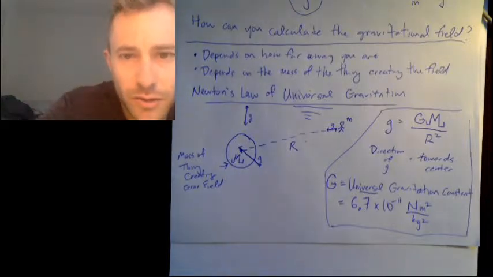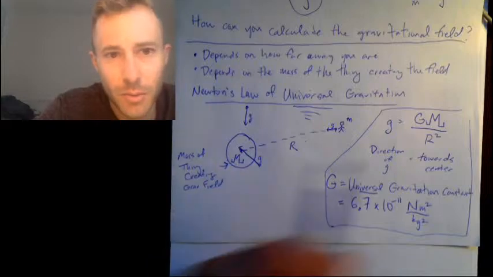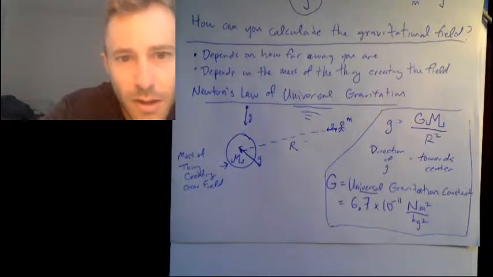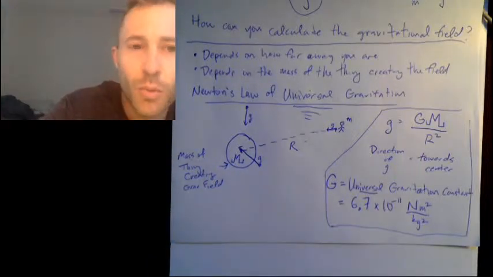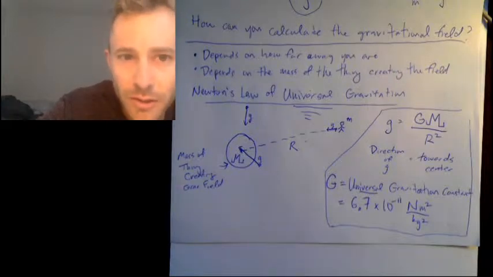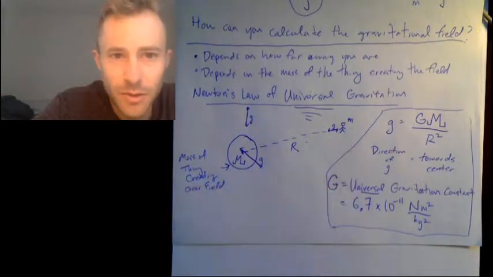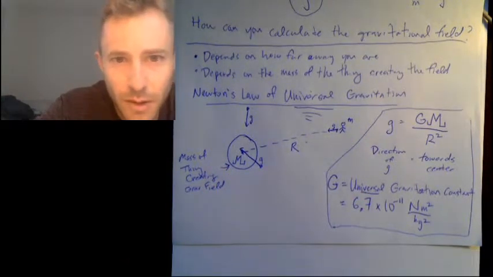So it's simply a matter of perspective what we consider to be big M and what we consider to be little m, okay? If we wanted to know what is the gravitational field that the Earth experiences due to the sun, then big M is going to be the mass of the sun and little m is going to be the mass of the Earth, okay?